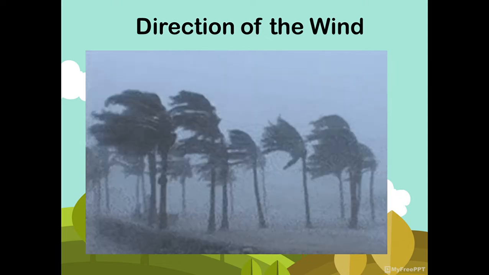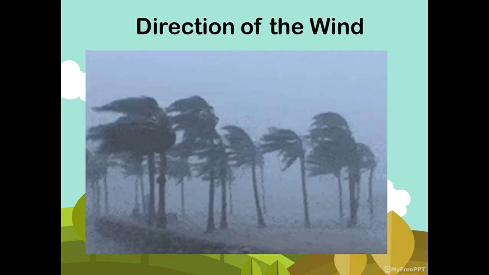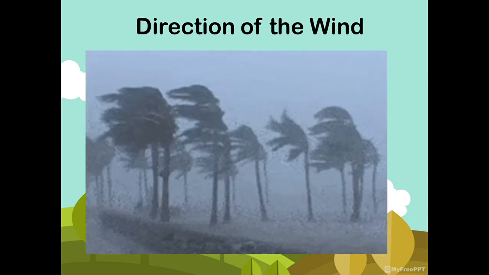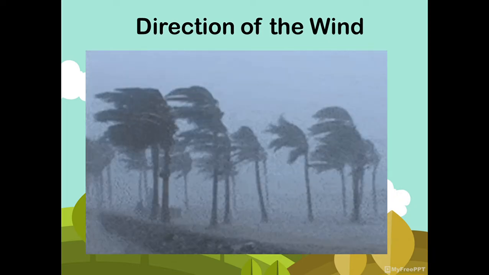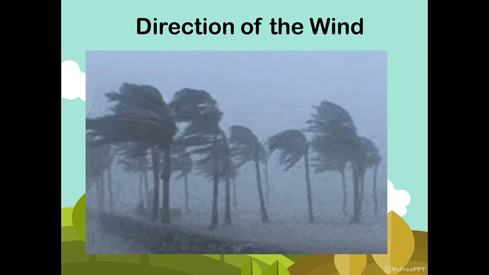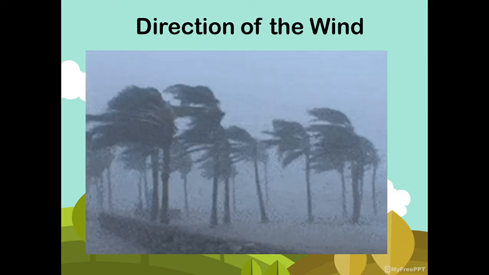Winds tend to flow in a particular direction in different parts of the world. They may be hot, cool, or full of moisture, depending on where they come from. If the wind blows from a warm place, it will be warm. If it blows from a cool place, it will be cool.